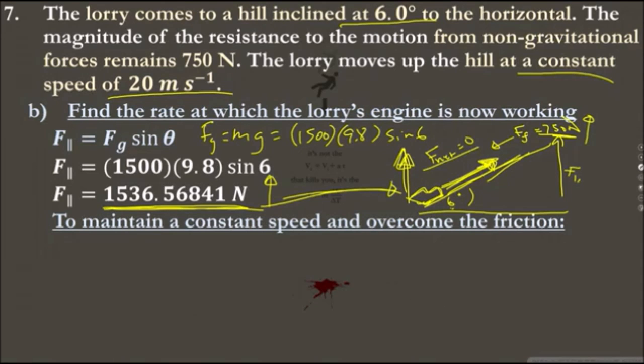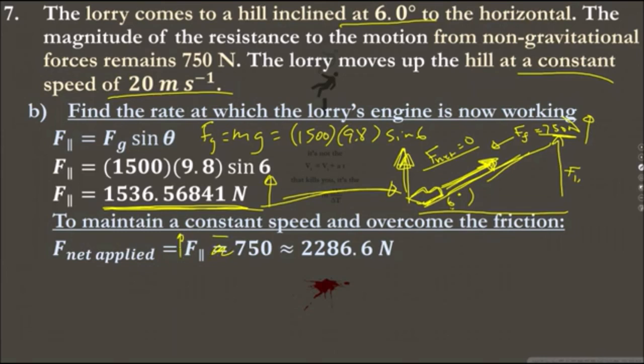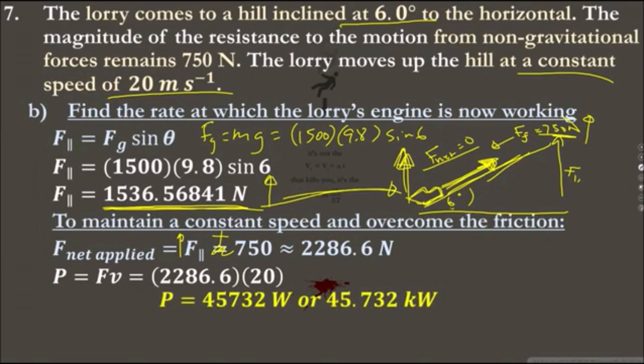So the net force applied is the force going up plus 750, which is 2,286.6 newtons. Multiply it by the speed of 20, and we have about 45.7 kilowatts of power if you want to write it in kilowatts, or this value if you want it in watts.